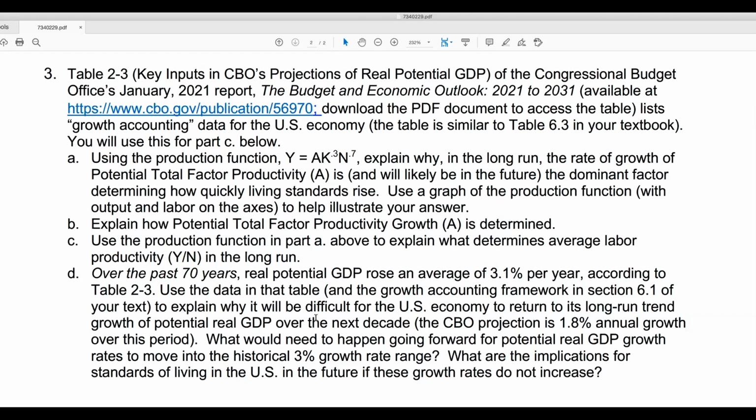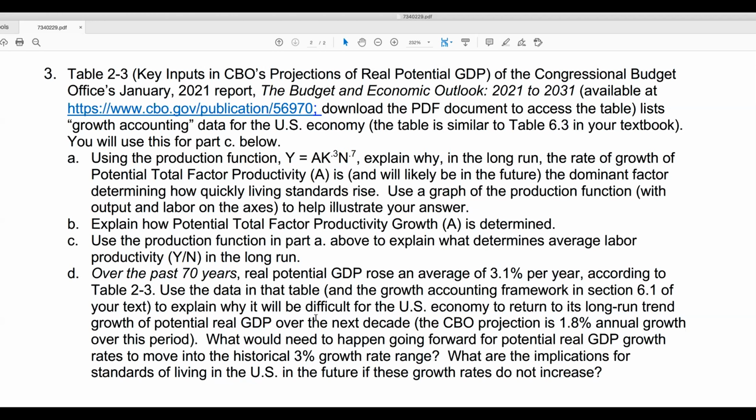If K and N are fixed, for a given amount of capital, and a given amount of workers to work with that capital in the economy, if A increases, what happens to Y? Y increases, right?